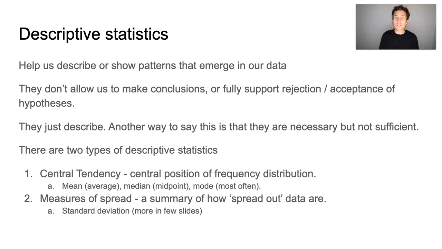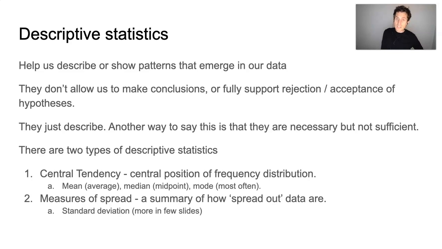Another way to think about this is that they're necessary conditions for describing the sample of a population, but they're insufficient for generalizing about that sample or about that population in meaningful ways. Okay, so let's jump in and try to understand what it means to take a descriptive statistic approach for any kind of data that we might collect through a quantitative paradigm.